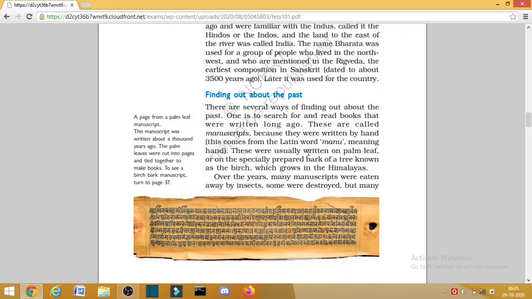These were usually written on palm leaf or on the specially prepared bark of a tree known as the birch, which grows in the Himalayas. During those days, there was no paper, children. So those people used to write either on palm leaf or birch bark.